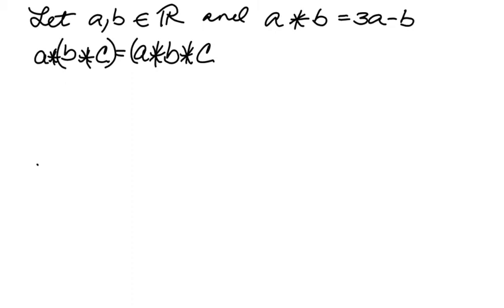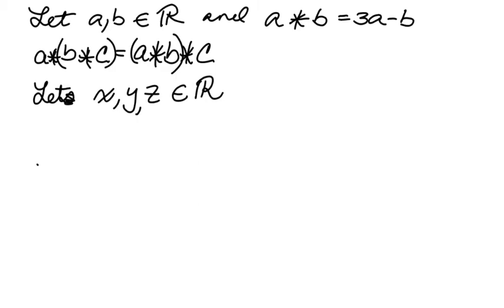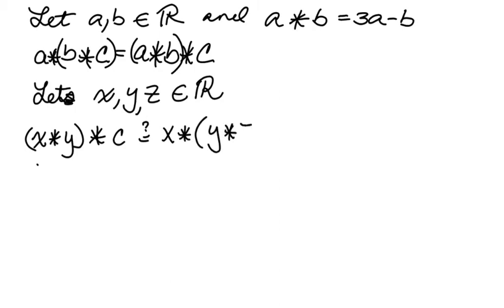Does this equal this? This is the property. Let's find out. Let x, y, and z be real numbers. So let's see, does (x star y) star z equal x star (y star z)? That should be a z, not a c.